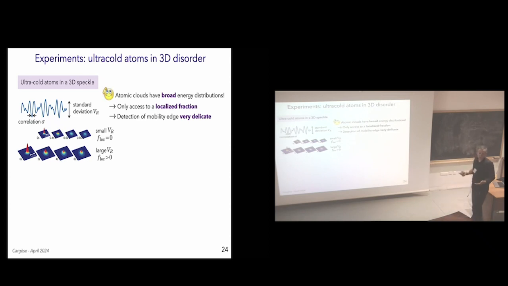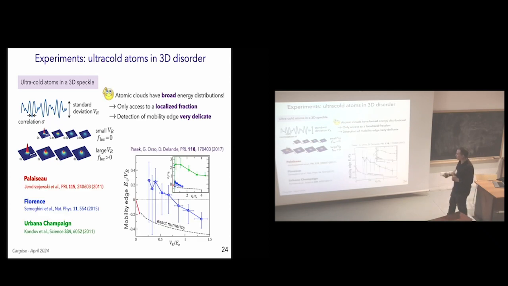And if you have access to only a fraction of particles, then a detection of the mobility edge is very delicate. Nevertheless, these three groups in Palaiseau, Florence, Urbana-Champaign measured this localization fraction, and from the data they managed to extract the position of the critical point, of the mobility edge, as a function of the strength of the disorder.